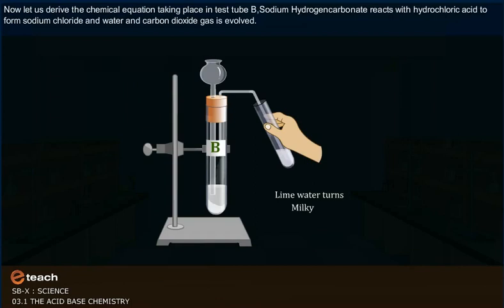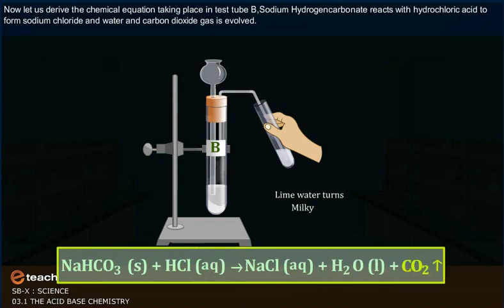Now, let us derive the chemical equation taking place in test tube B. Sodium hydrogen carbonate reacts with hydrochloric acid to form sodium chloride and water, and carbon dioxide gas is evolved.